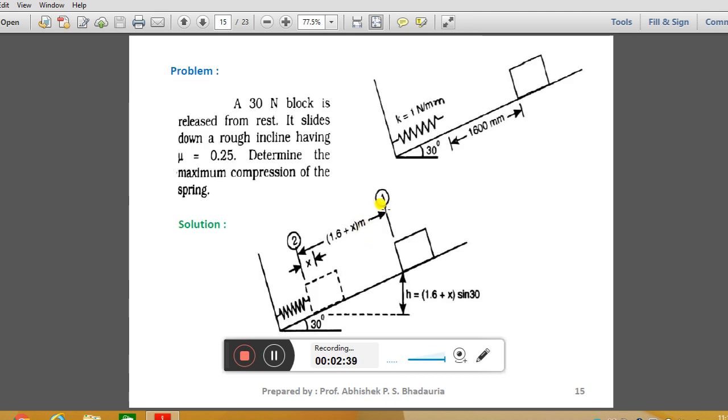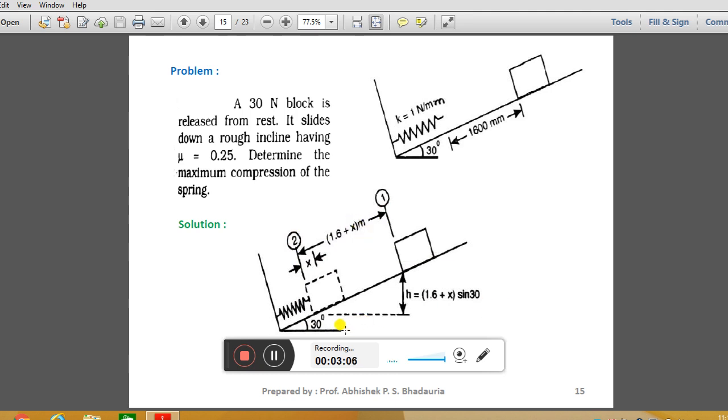The total distance traveled by the block from position 1 to position 2 will be equal to 1.6 meters plus x meters, the deformation of the spring. So the total distance covered from the initial position to the final position is 1.6 plus x, and the unit is meters.